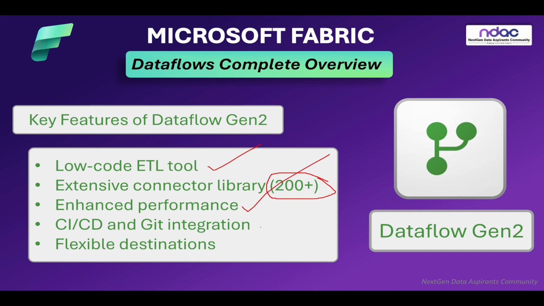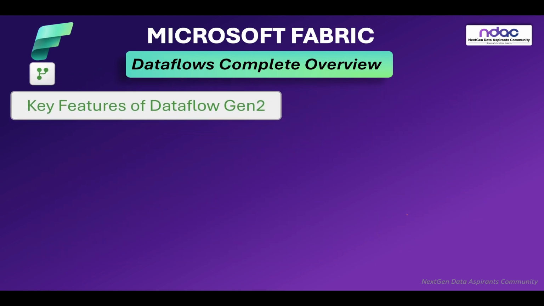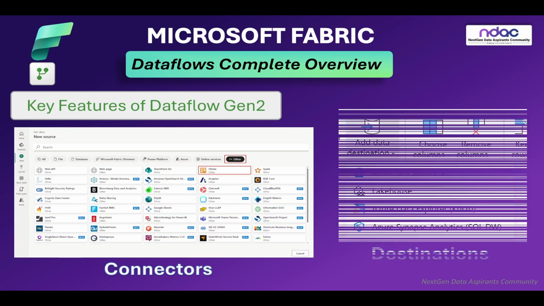And the very recent update is that it supports Git integration and CI/CD capabilities. This is a very important feature. And we have flexible destinations. From Dataflow Gen2, you can directly push your data to the respective flexible destinations.